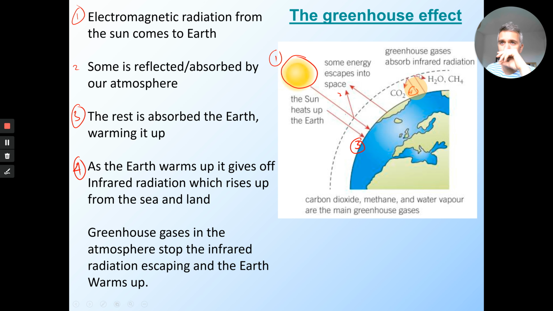I think the example is like a car. If you've ever got in a car on a really hot day, what happens is the sunlight comes through the windscreen, and it strikes the dashboard and the chairs and all the things inside. Normally the bits inside your car are quite dark, and they absorb all of that light energy and get hot.